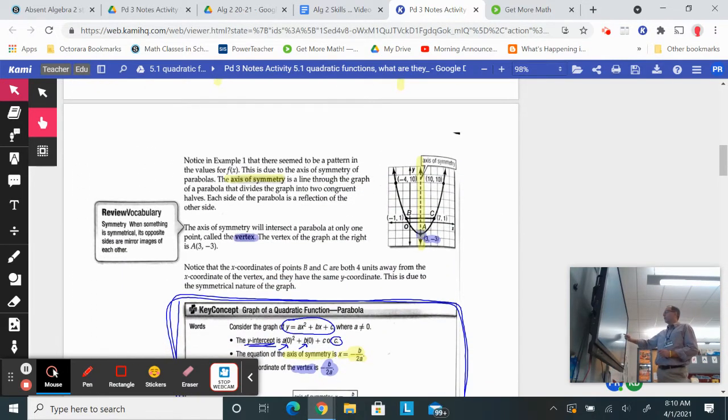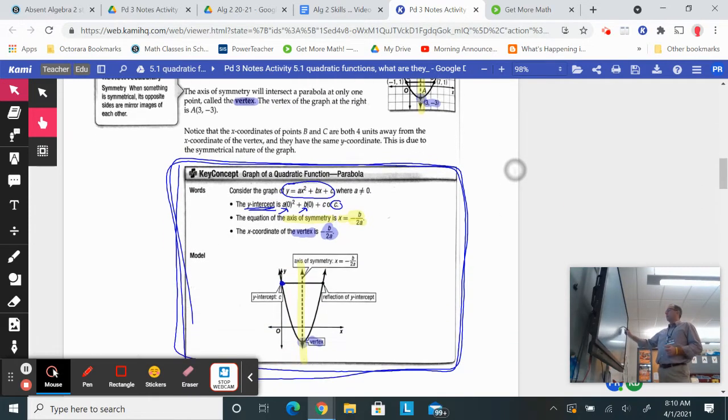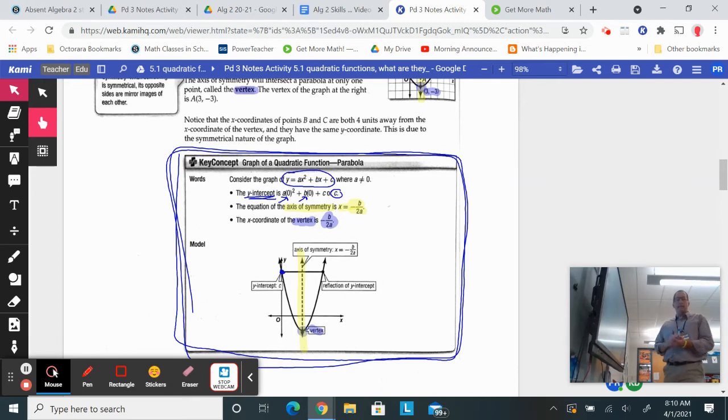Then we talked about how every parabola has a bottom. If it opens up, there will be a bottom point. Or if it opens down, it has a top point. That point is called the vertex. The vertex, as you see over here, is this point right down here. I have it highlighted in bluish. And to get the vertex, it's on the axis of symmetry.